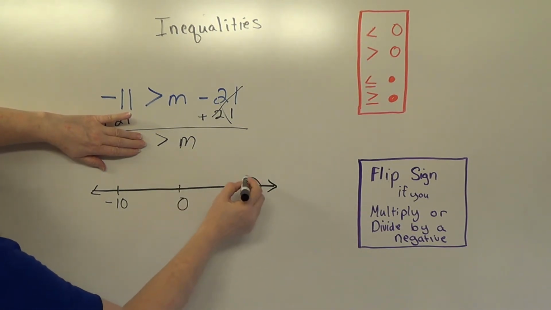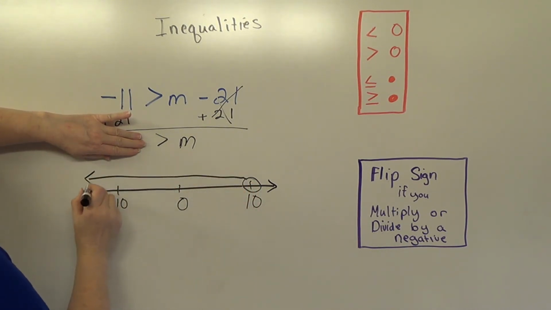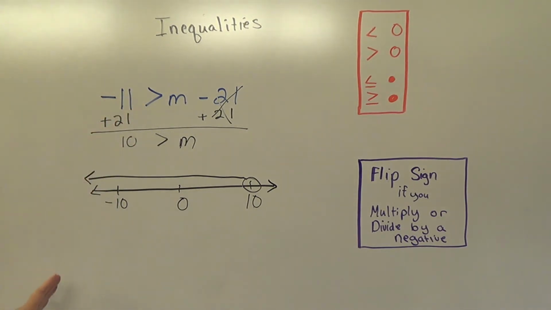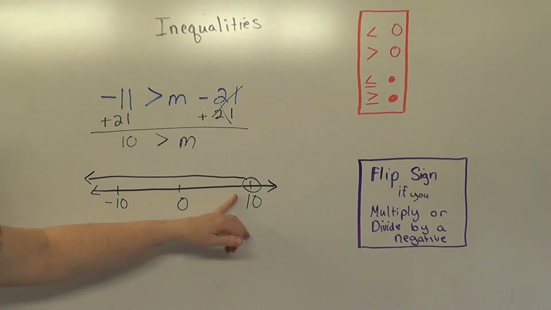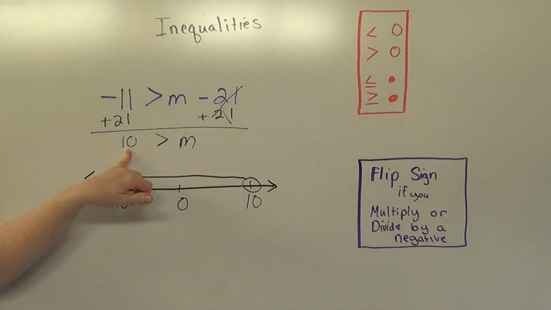So m is smaller, so I'm going to come up here from the open circle that I graphed, and I'm going to draw a line that goes to the left. So the numbers less than 10 would be a solution, because 10 is the biggest, but it really doesn't include 10. 10 is greatest, so any number that is less than 10 is going to be a solution.